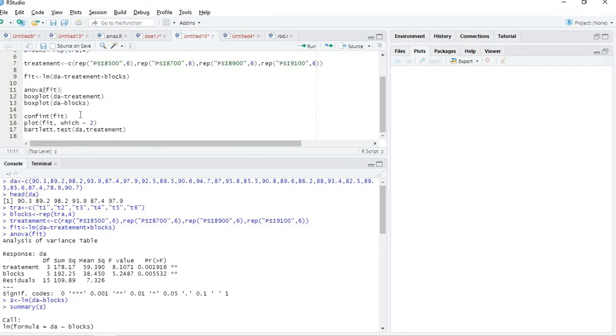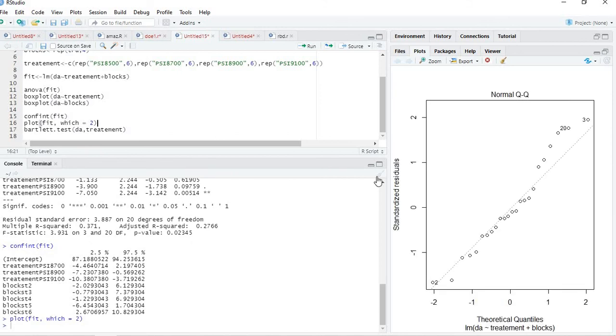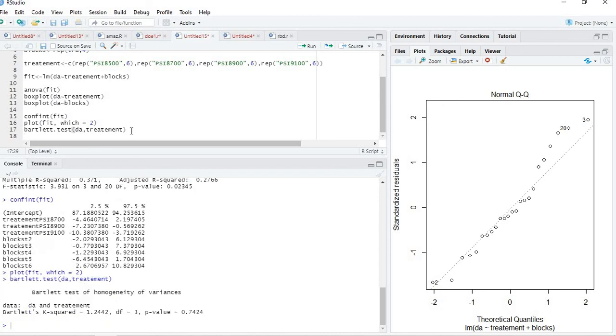If you need a confidence interval, you can go for the confidence interval. If you need plots, the plot gives you a clear understanding. This is the normal Q-Q plot. When all values are near this line, then we can say that it is normal; otherwise it does not follow a normal distribution. This is not following a normal distribution. When you use the Bartlett test, it will tell you the homogeneity of variances.